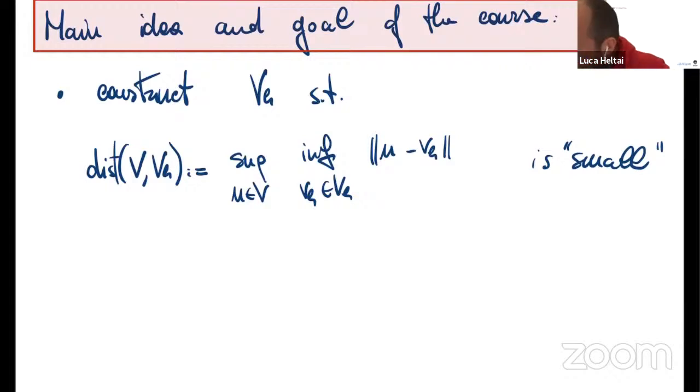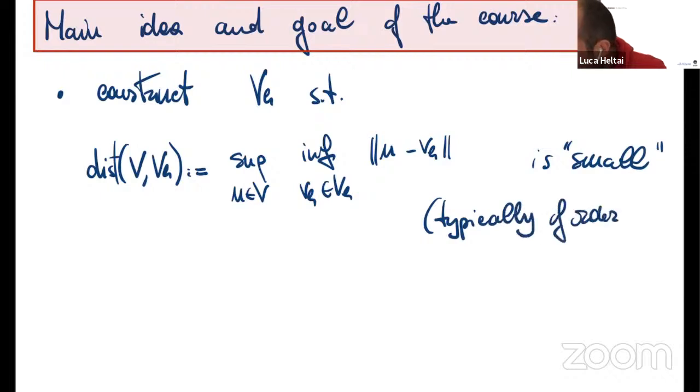And small, typically, of order h to the power k, where k is the approximation order of the finite dimensional space. Okay. So here, now you understand the meaning of this little h. It's a parameter that will go to 0. And when it goes to 0, it decreases the error that you make by approximating your infinite dimensional space with a finite dimensional one.